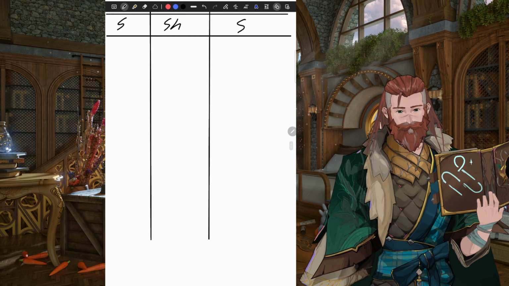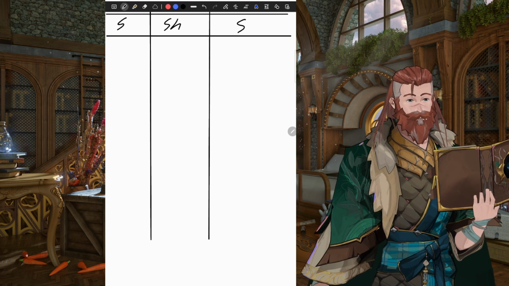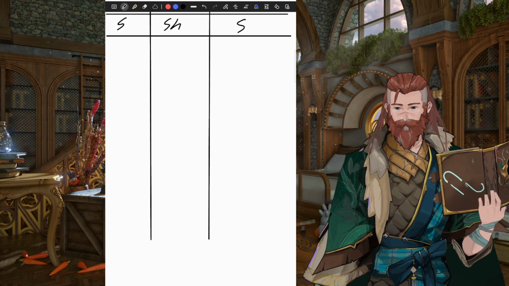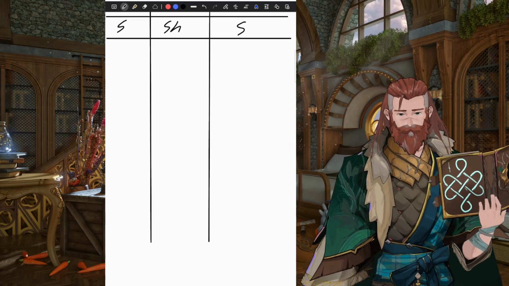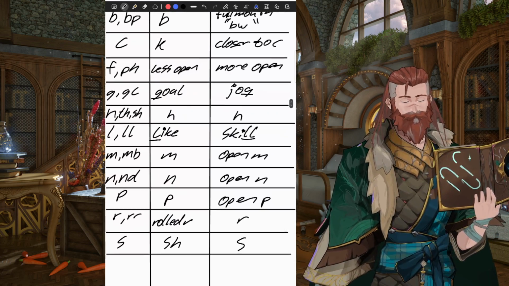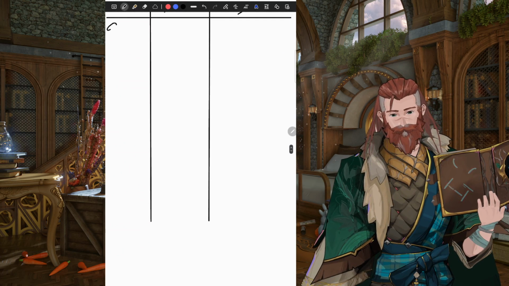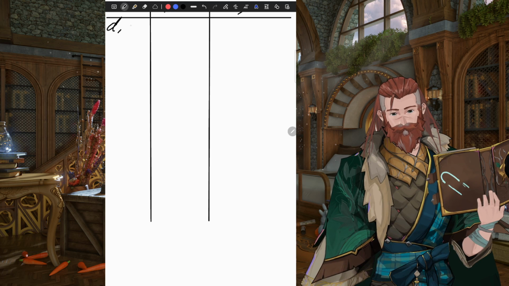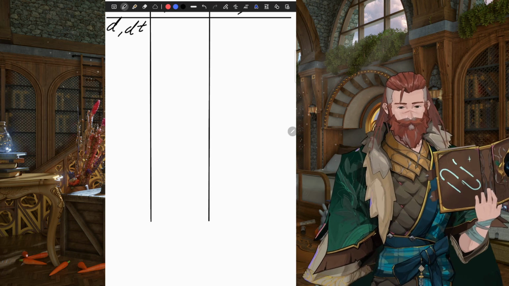With the T's, T's are kind of where we get more into the subtle differences again. I feel like I skipped a letter somewhere. I skipped D. So for D, we've got D and DT, the two letters that'll make the same sound.